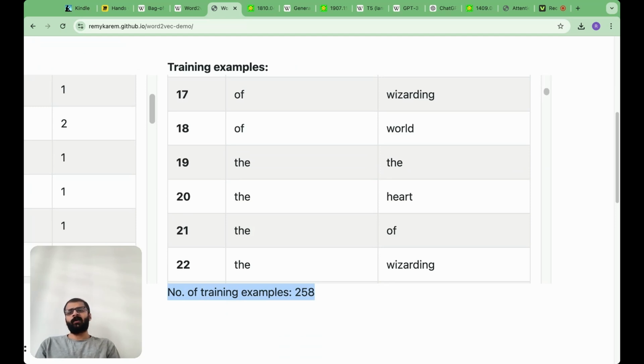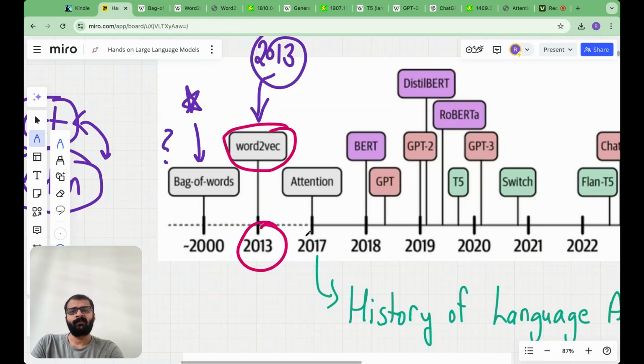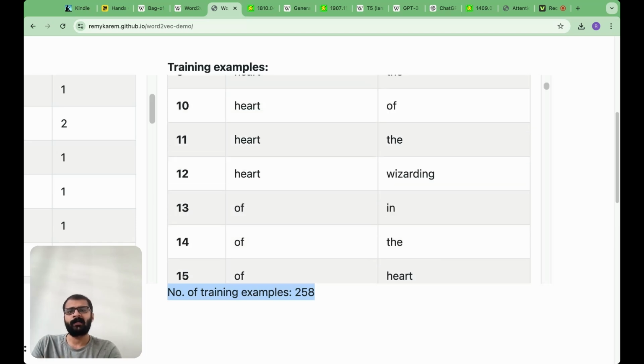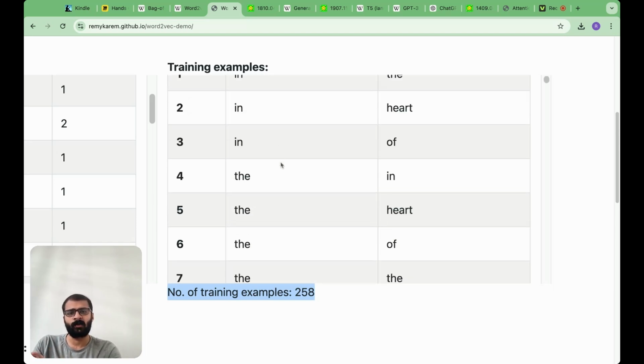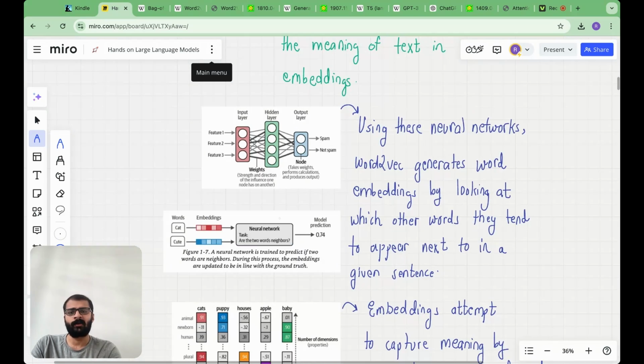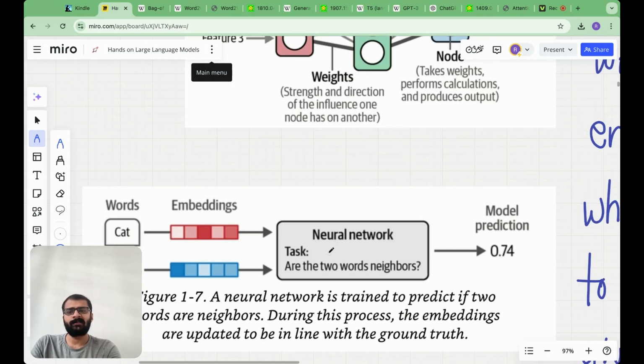So you may think, okay, what's training here? Do we have some kind of a model? Yes, there's a neural network essentially. So you see these training examples here. We need to train a neural network to take in the inputs and understand which words are near to the current word. So for example, I've just demonstrated this neural network over here. So yeah, this is that neural network.